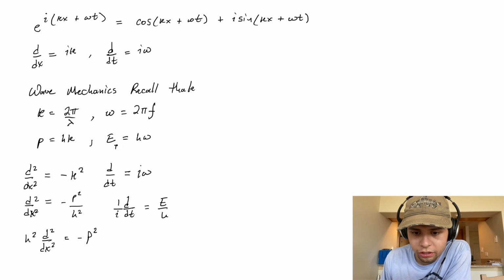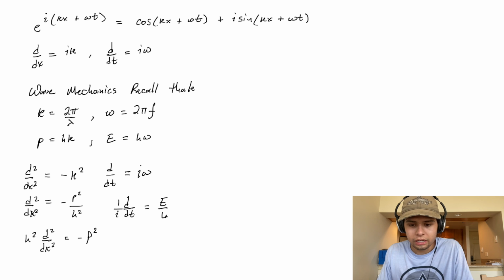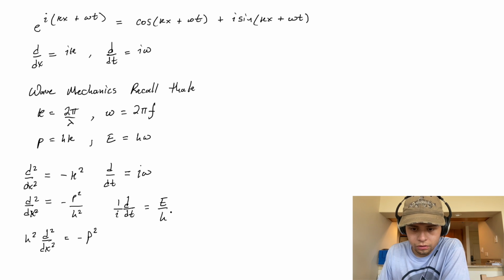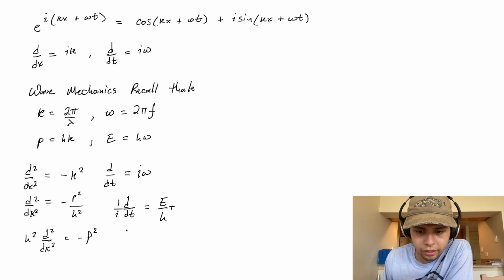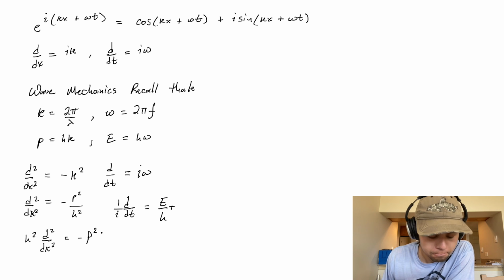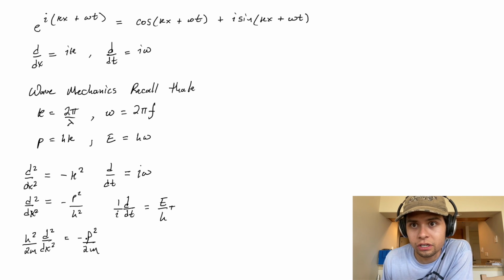And this is a total energy, so E total over h bar. So what we will find here is that if we divide both sides by 2m, this here is a kinetic energy.